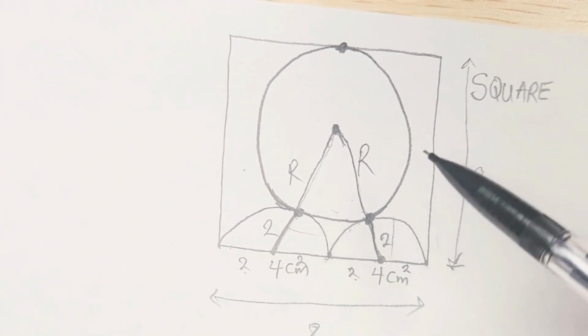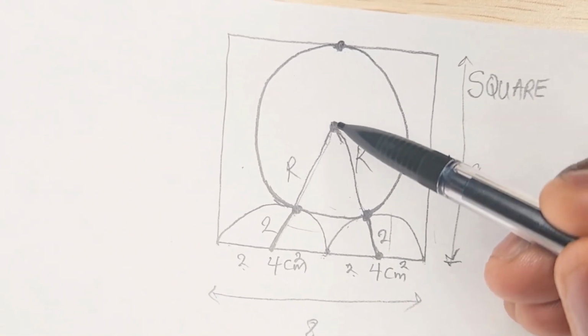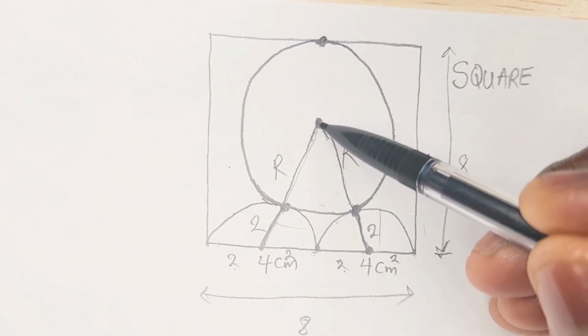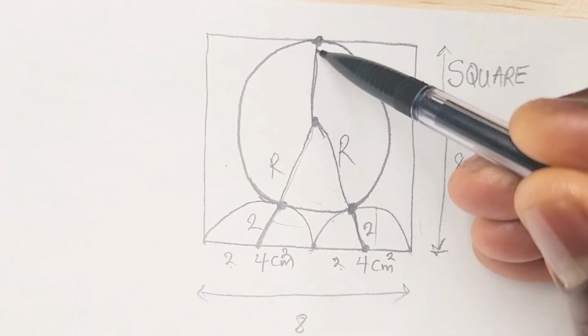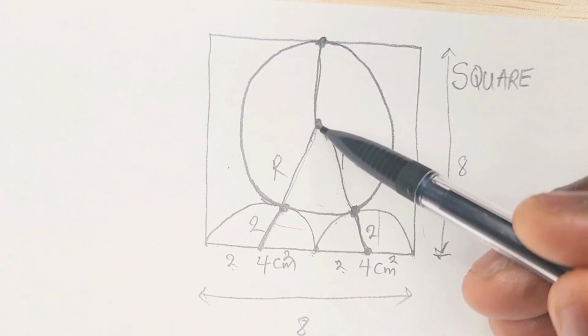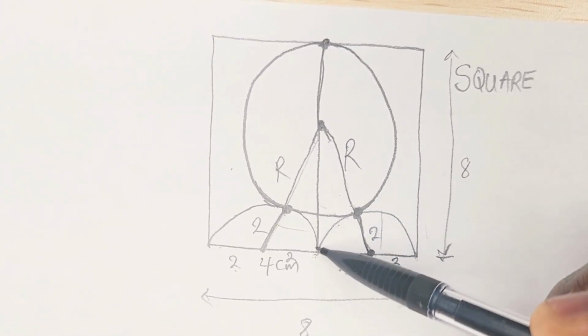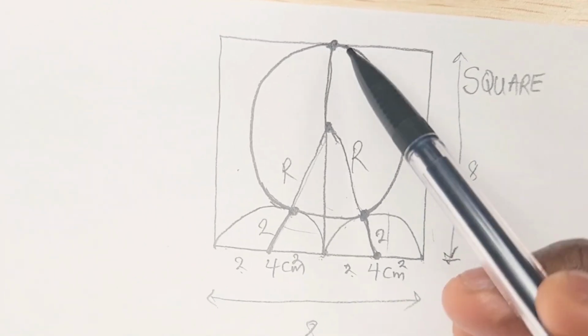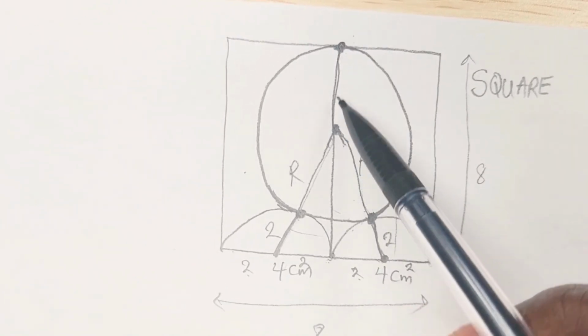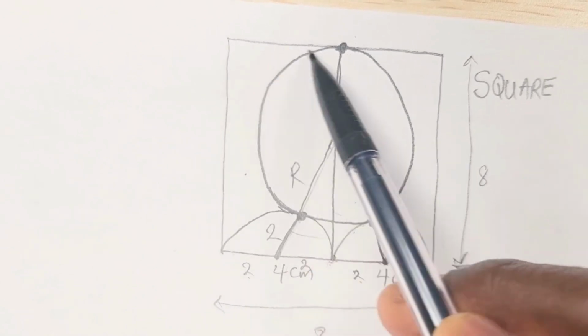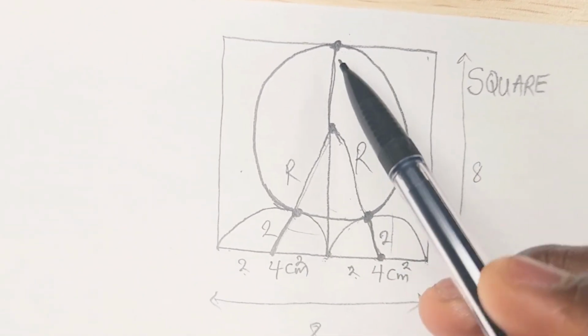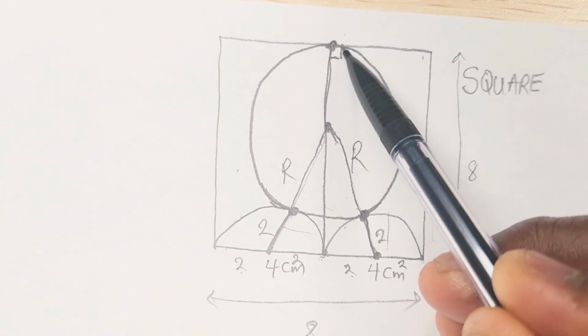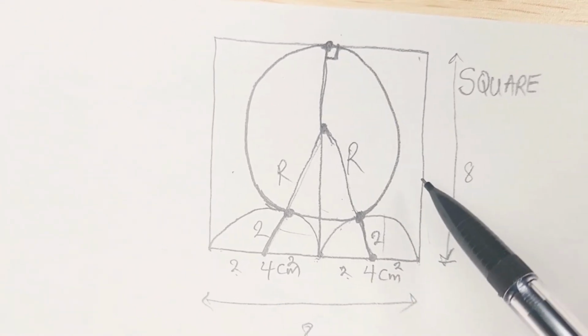All right, so that means we can extend this line from here to there, a straight line. And then we can also draw the same straight line all the way down to here. Now, because we have this radius touching a tangent line, therefore we have a 90-degree angle there.